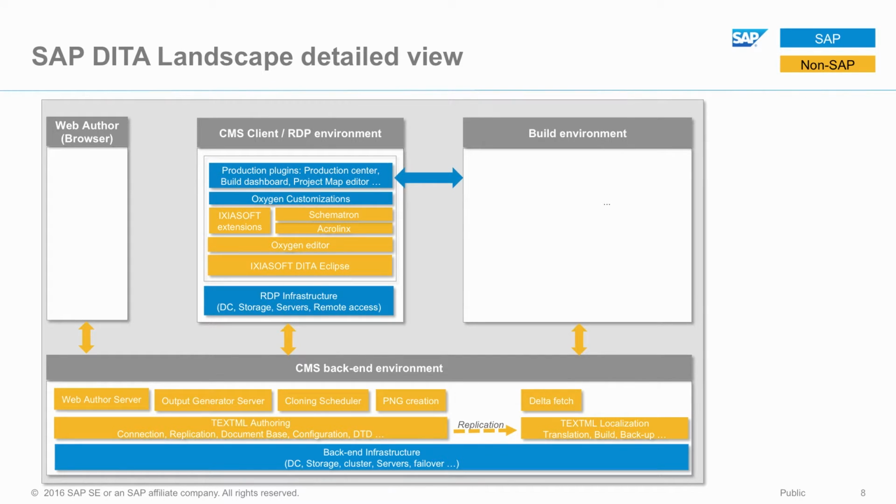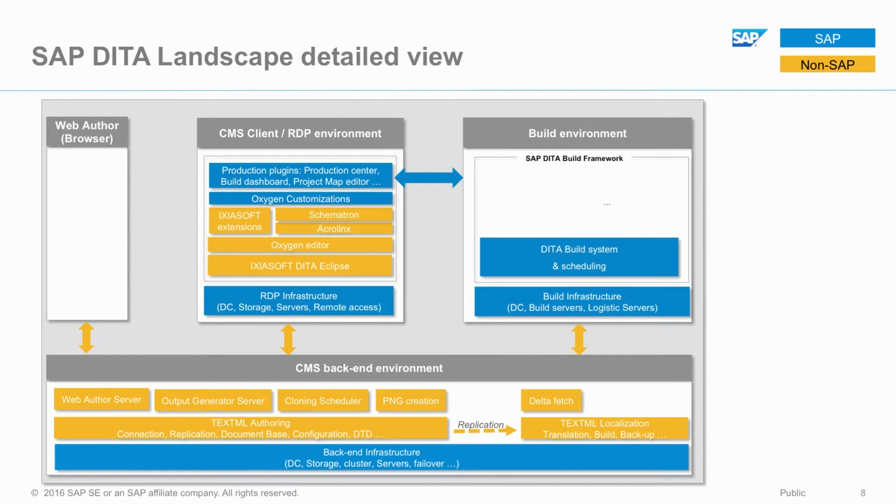We have also implemented some plugins to deal with the production with builds, outputs, and publishing. This is linked directly to the build environment we have created on top of the CMS. In the build environment, we have obviously the infrastructure and our DITA build system that manages a kind of life cycle for a given project.